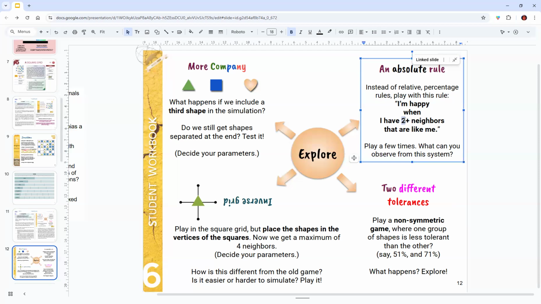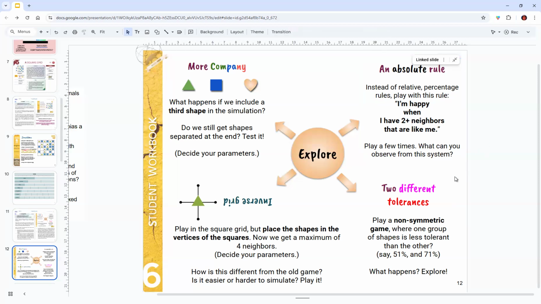Of course, in real life, maybe it's not 2, but maybe 3 or 4, doesn't matter, but absolute, not relative to how many neighbors you have. And I think it's an interesting discussion, and you could have several takes. So it should engage kids into going back to real world and not just stay in this abstract simulation. So that's also very important.